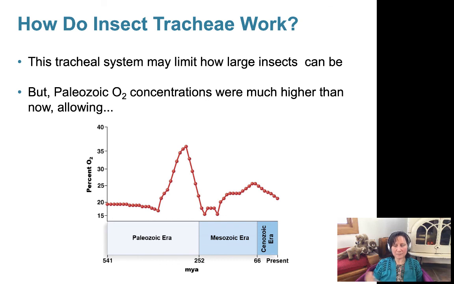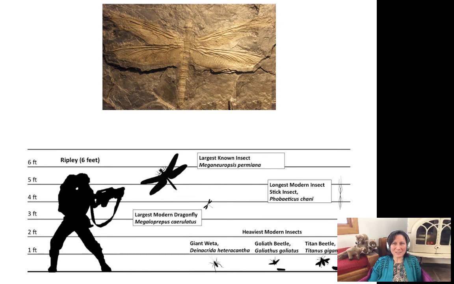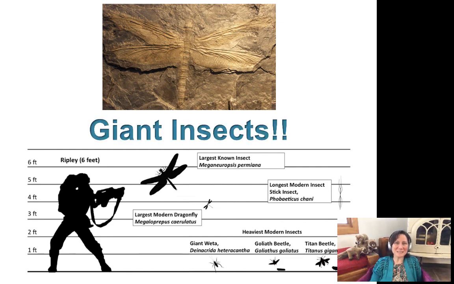That tracheal system makes it difficult given the amount of oxygen that's in the air right now. But in the Paleozoic, oxygen concentrations were far higher than what they are now. That means you could get more oxygen diffusing across than you would have in the past. So what could occur? That's right, giant insects.